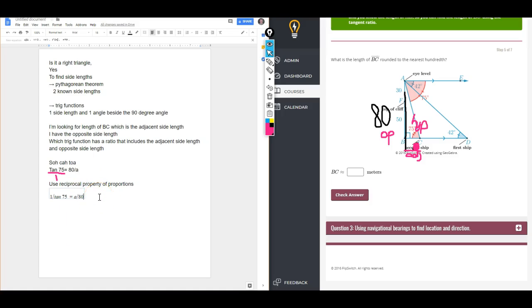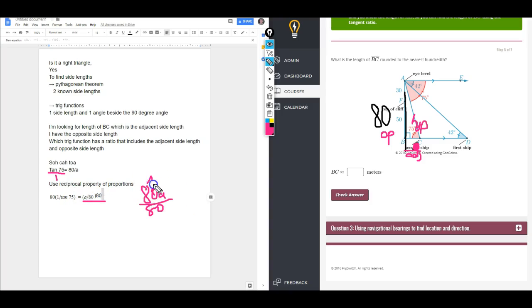And then I can solve this. So since I'm dividing by 80, I would multiply by 80 on both sides. So we would multiply both sides by 80. A divided by 80 multiplied by 80, it would be written out like this, 80 times A divided by 80, this portion.